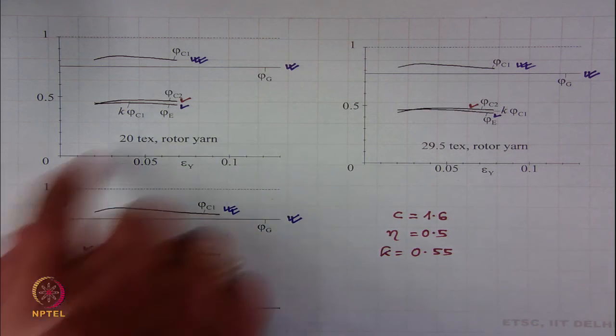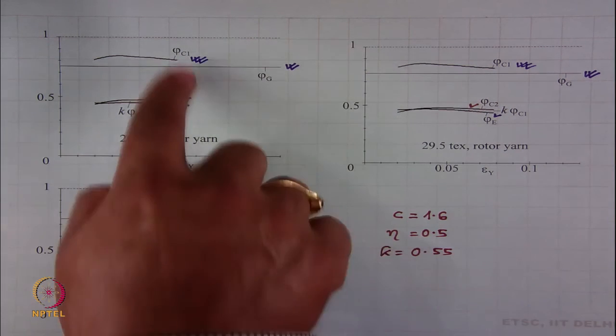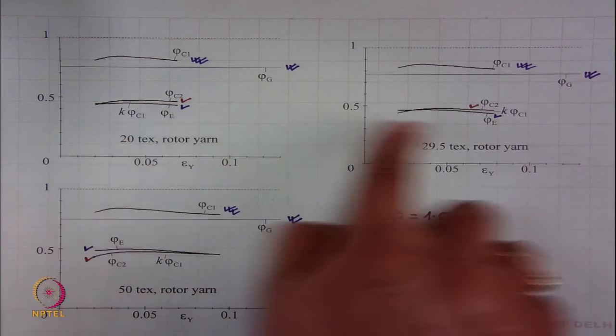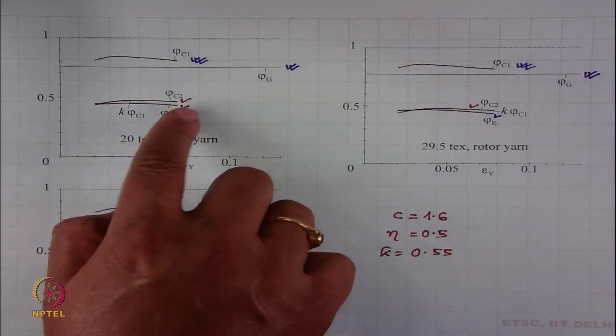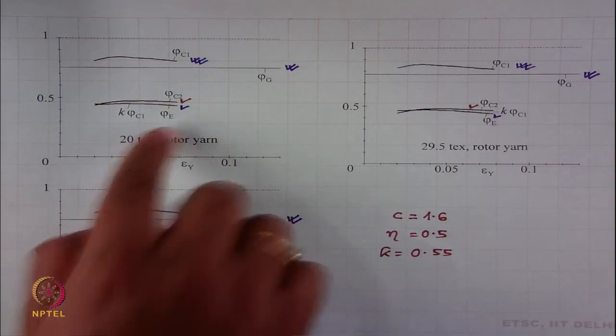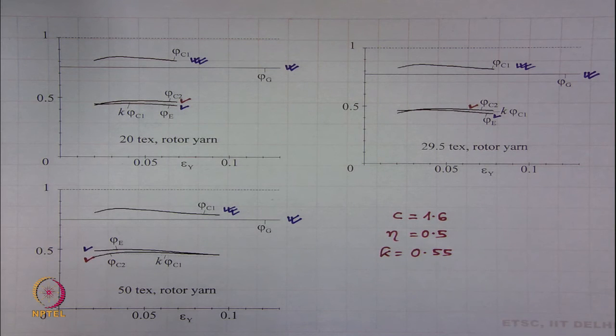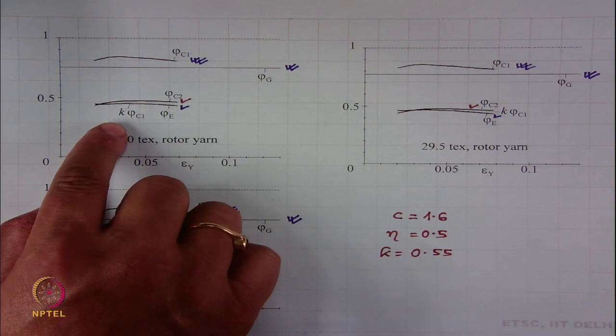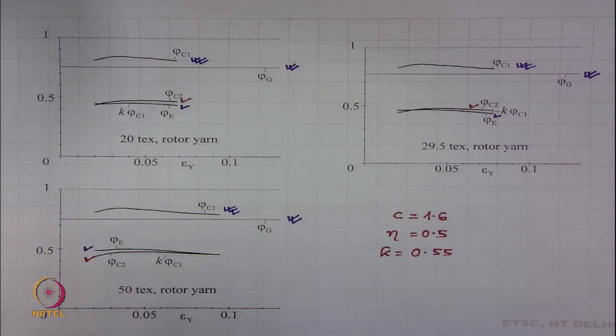When we multiply this phi C1 by the factor 0.55, it gives a very close correspondence. The thin lines in between phi C2 and experimental basically correspond to the curve obtained by multiplying phi C1 by 0.55.